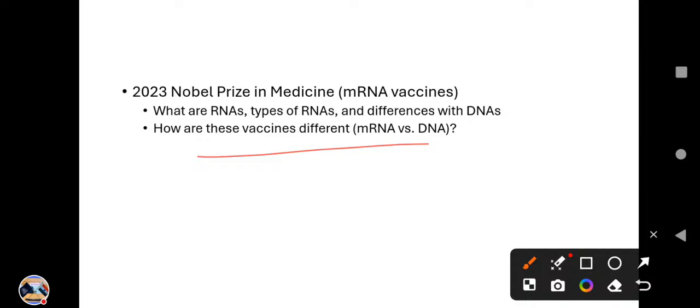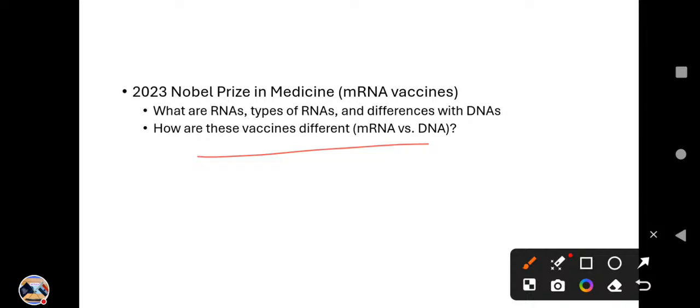Which vaccine is live virus induced, or which vaccine is weakened or attenuated virus induced? Okay, mention it in the comment section below. So this makes them safe and effective tools for preventing infectious diseases like COVID-19.